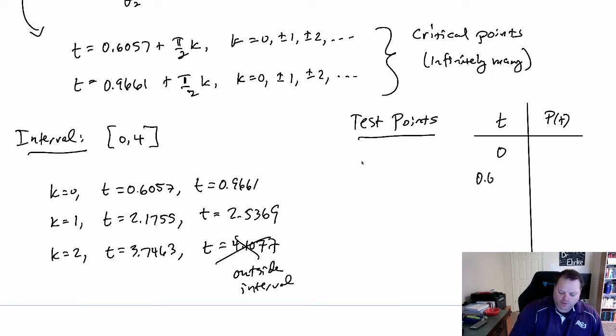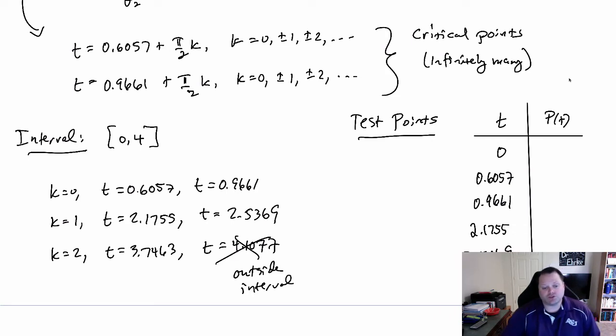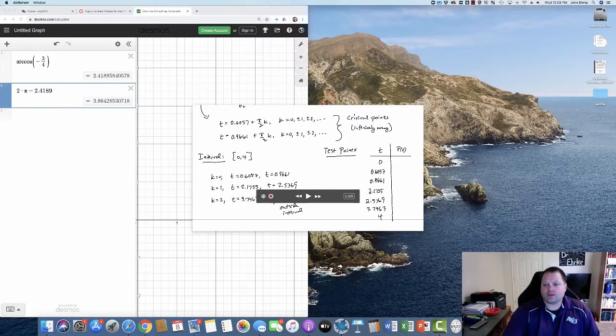The first critical point is 0.6057, 0.9661, 2.1755, 3.7463, and then the right endpoint, oh, whoops, forgot one, 2.5369, and then the right endpoint is 4. So I'm going to have to test my function, the original function, not the derivative, the original function at each of these points to determine which is the smallest and which is the largest. All right.